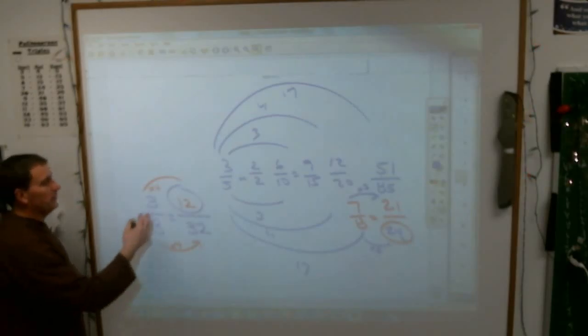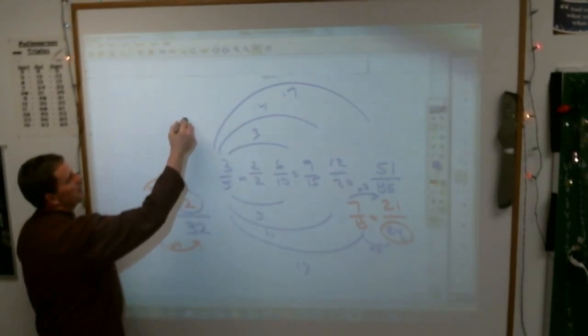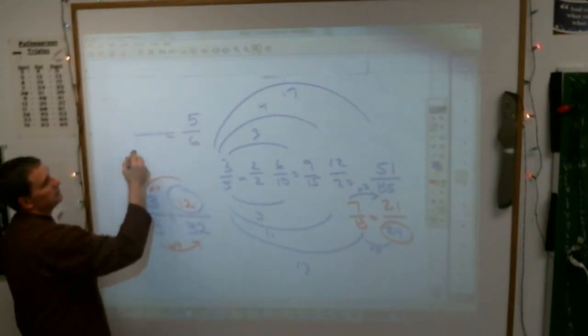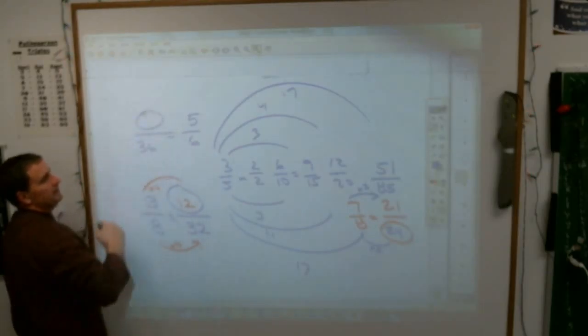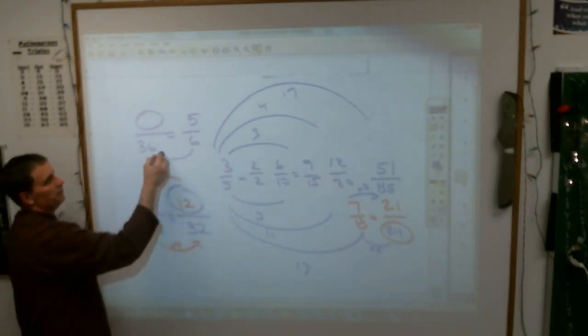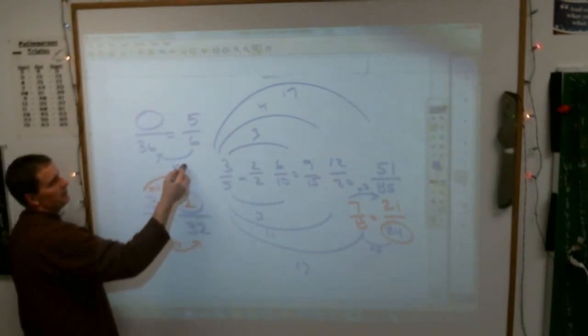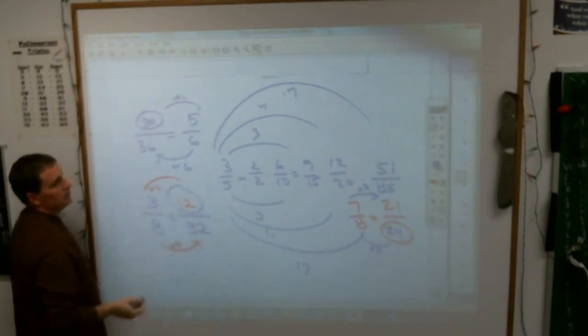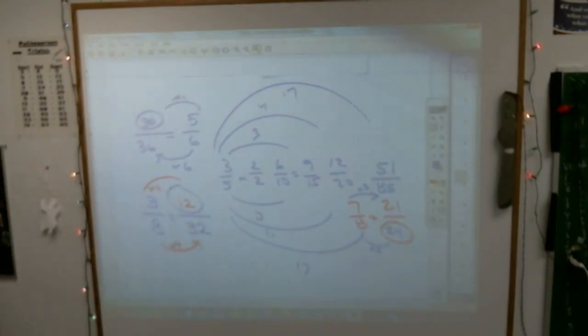And it doesn't matter, it could be on the other side. It could look like this: 5/6 equals what number over 36? How do you go from 6 to 36? Multiply by 6, so you multiply 5 by 6 and you get 30. That doesn't seem so hard, does it?